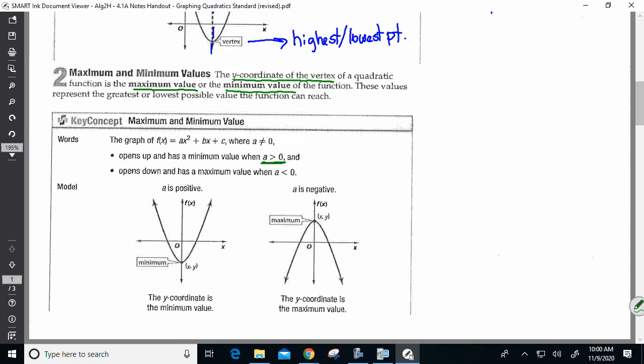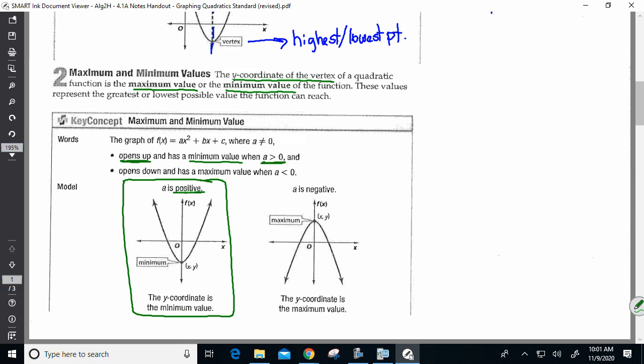If a is positive, that means the graph is going to open up and it has a minimum value. This first diagram is what something with a minimum value would look like. A is positive, it's going to open up. The vertex would be the lowest point, so the y value of the vertex would be the minimum.